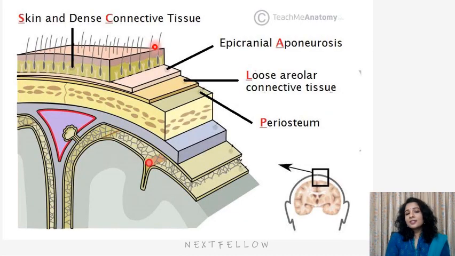Let us understand some more clinical aspects about the tissue expander. It concerns the plane of cleavage in the scalp. The plane of cleavage is between the aponeurosis and periosteum. In the rest of the body, the tissue expander is placed in an avascular subcutaneous layer.